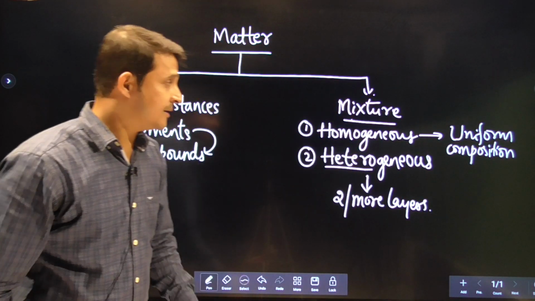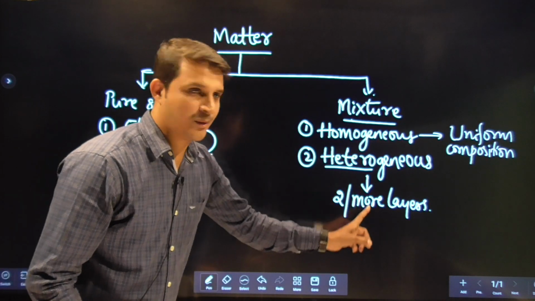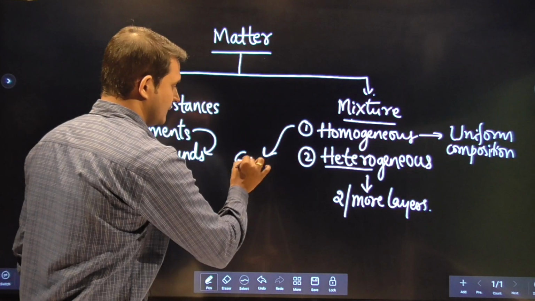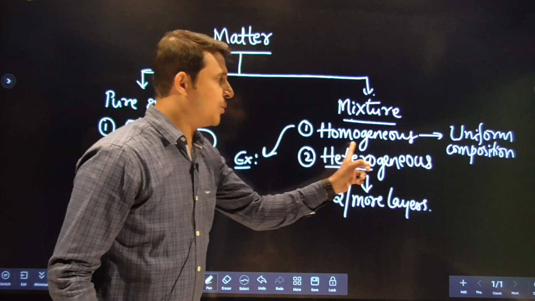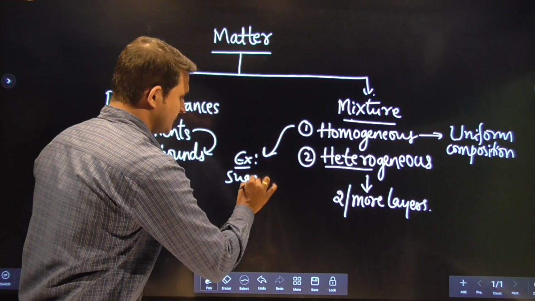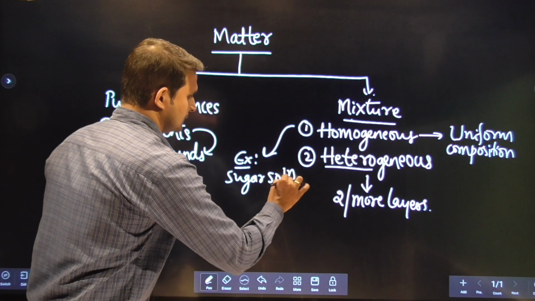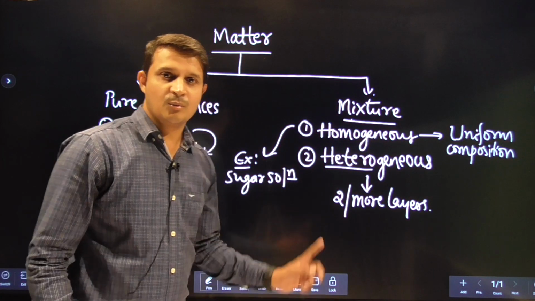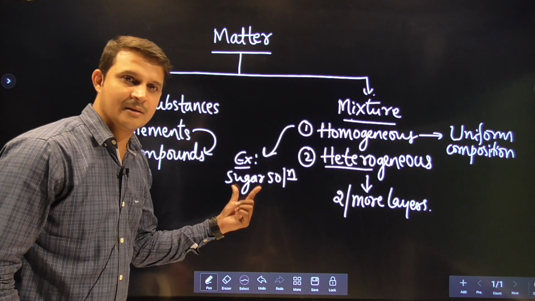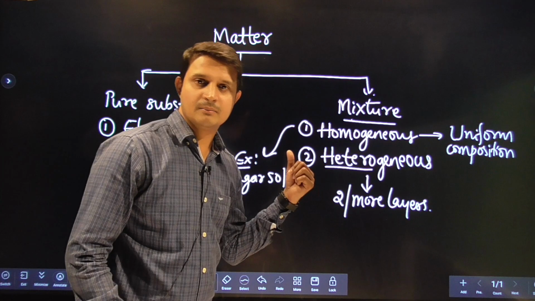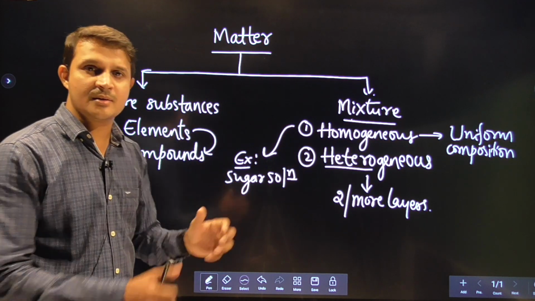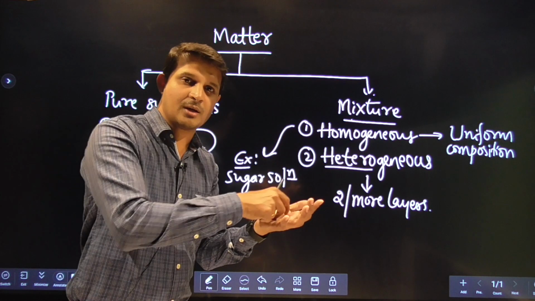Let's understand homogeneous and heterogeneous with examples. Homogeneous: sugar solution. In a sugar solution, we have added sugar to water, right? That gives rise to sugar solution. We cannot distinguish separately that this is sugar and this is water.